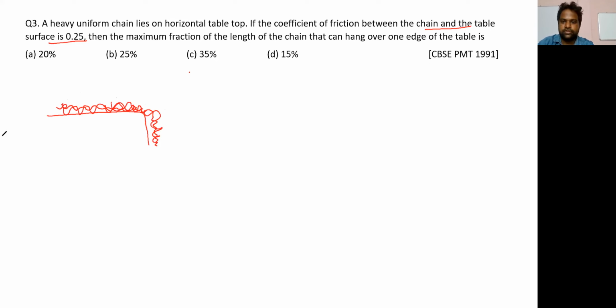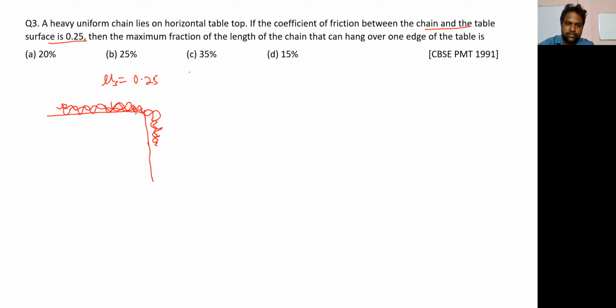So this is a chain, and it is hanging over a horizontal table. Now the friction between the chain and the surface of this table is 0.25. That means the coefficient of friction mu s is given as 0.25.